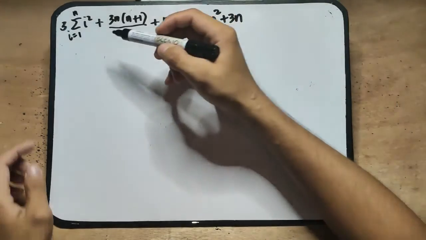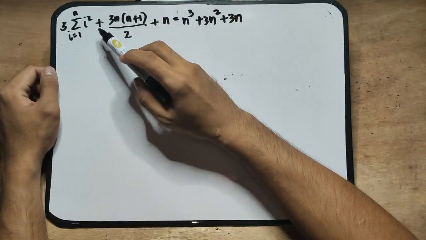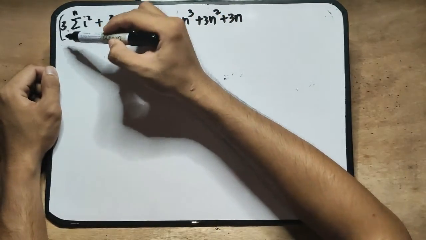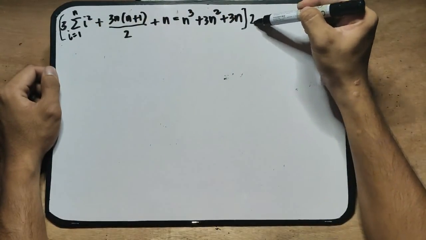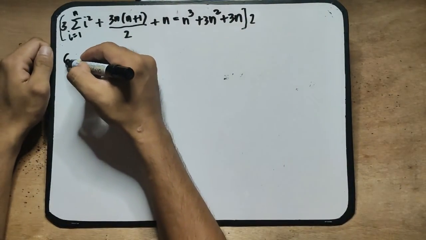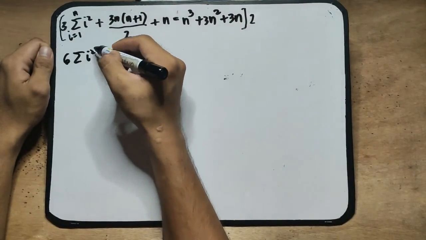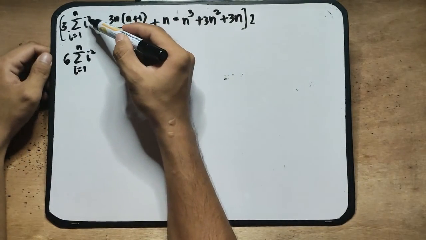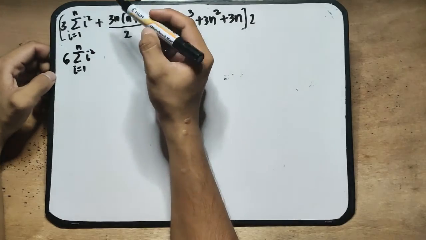So, this will be, since merong denominator na 2, we multiply all the sides by 2. So, this will be 2 times 3 is 6 times the summation of i squared from 1 to n. So, bakit natin ni-retain yung i squared? Kasi yan yung hinahanapan natin ng formula.